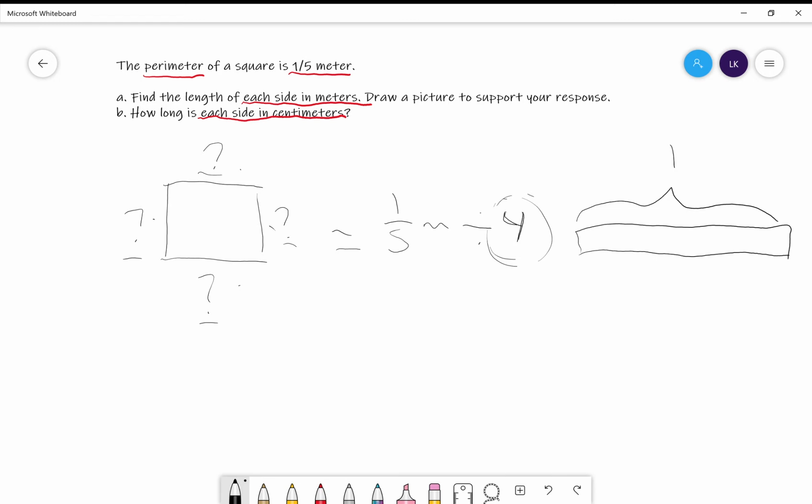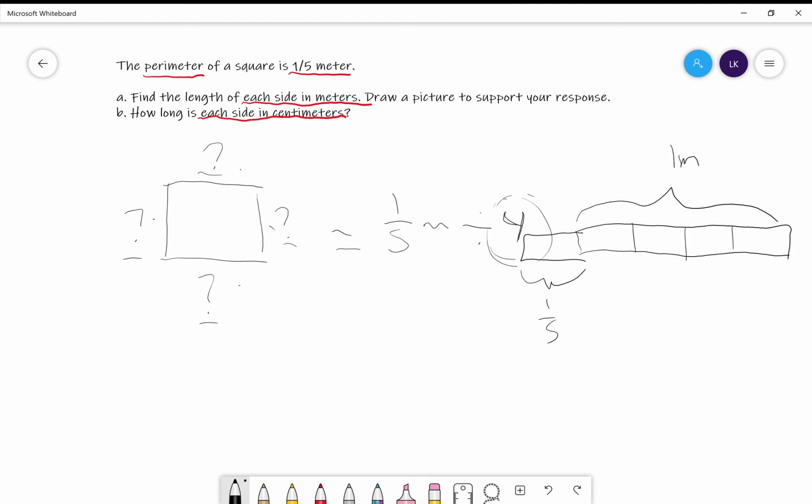But since we are dealing with 1/5 of a meter, not 1 whole meter, I'm going to divide this up into 5 parts. There, 5 parts. And we're only going to work with 1 part. So we're dealing with 1/5.